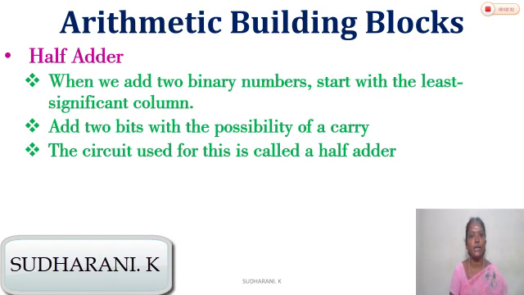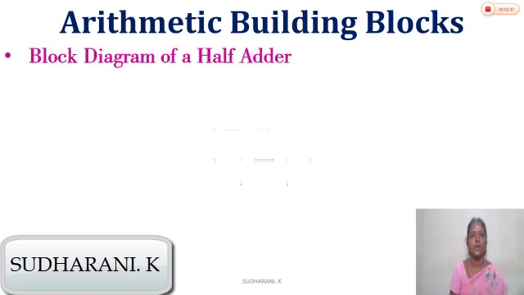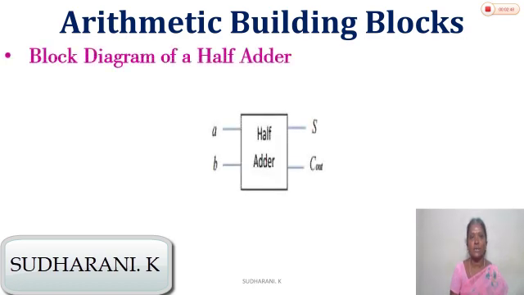So we need to add two bits with the possibility of a carry. The circuit used for this is called a half adder. So the block diagram of a half adder can be represented like this, which is presented in figure 1.